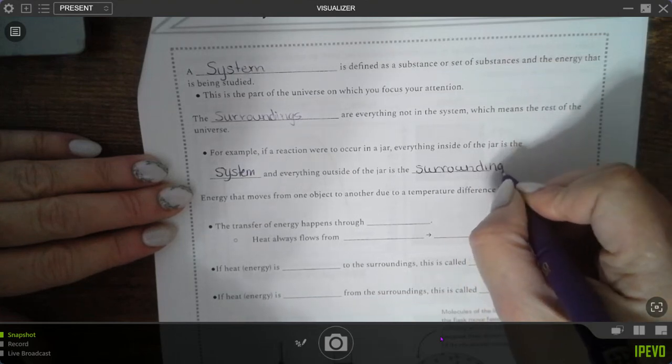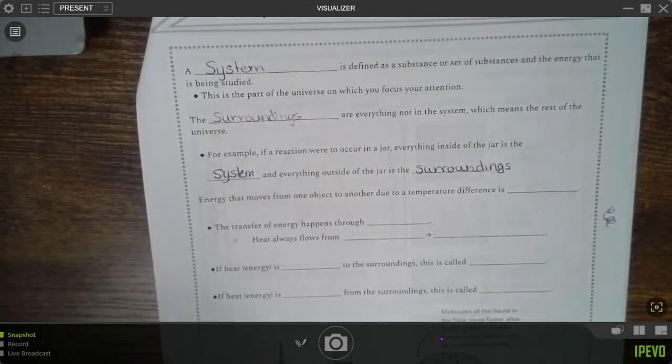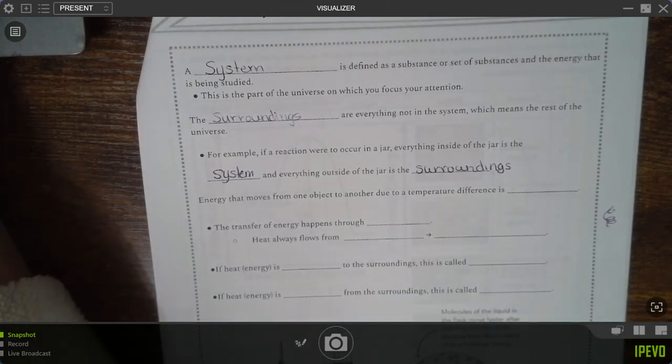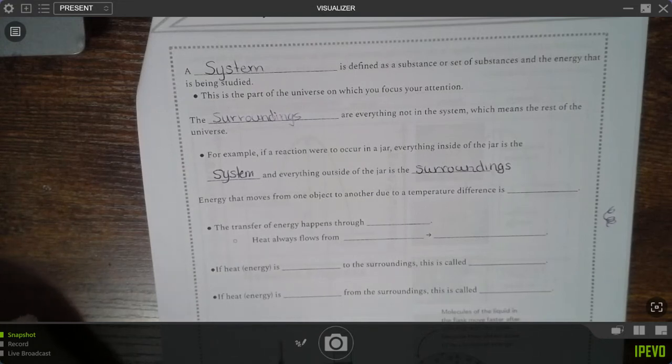Now it's important to know this because we're going to talk about heat, and we're going to talk about the way heat moves. And how that heat moves depends on our system. Because we're going to be talking about whether heat goes into the system or comes out of the system.